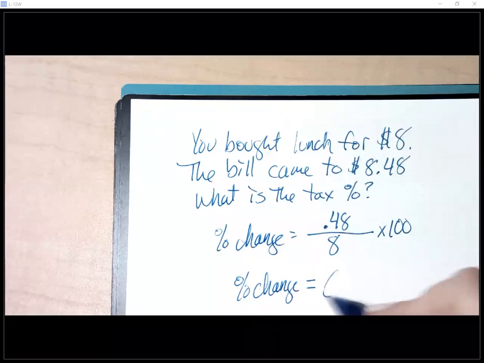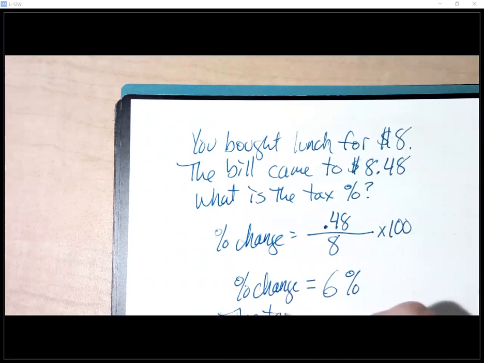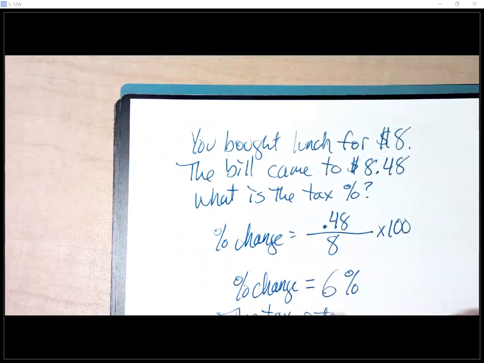So wherever you are must have had a 6% tax rate. I think in Massachusetts, the tax rate is 6.25%. So maybe you are in a neighboring state that has a 6% rate or something like that. So there you have it. So the tax rate must be 6%. Does that make sense?